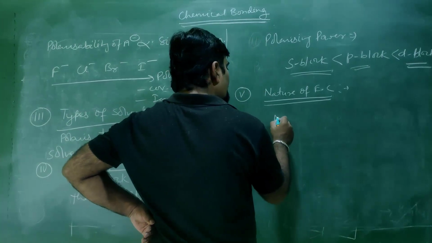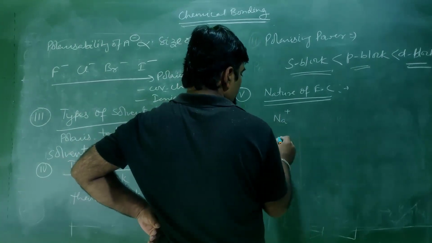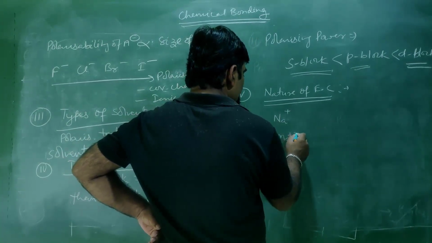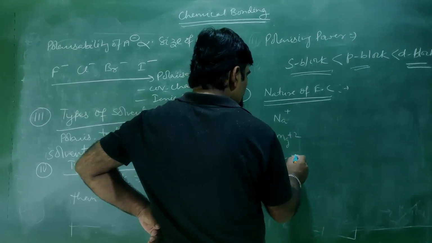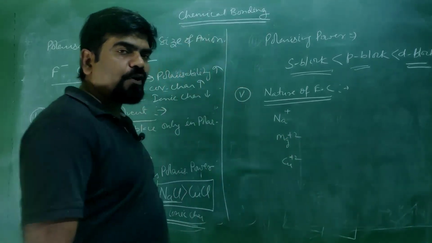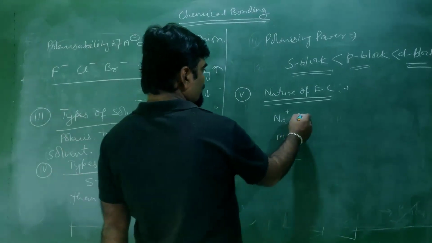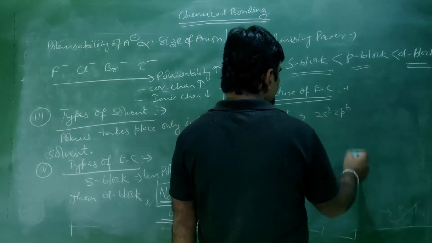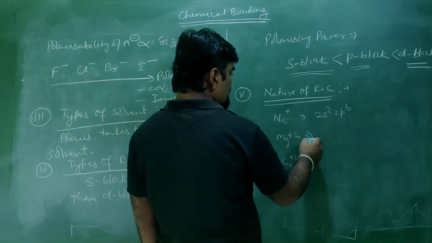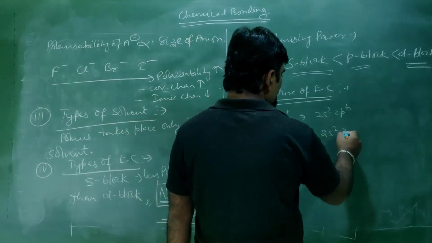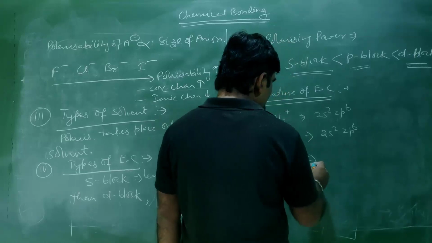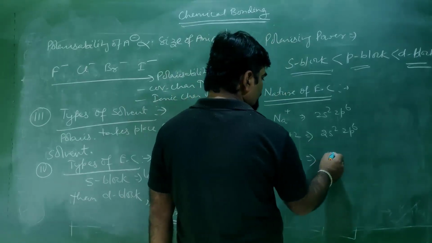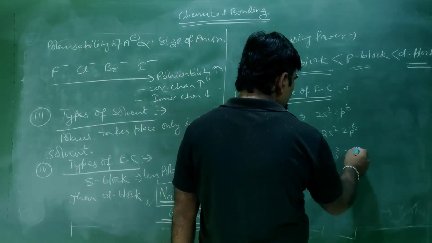Like suppose there is Na+, there is Mg2+, there is Cu2+. If we compare, in Na+ the configuration is 2s2, 2p6. In Mg2+ the configuration is 2s2, 2p6. But in Cu2+ the configuration is 4s0, 3d9.